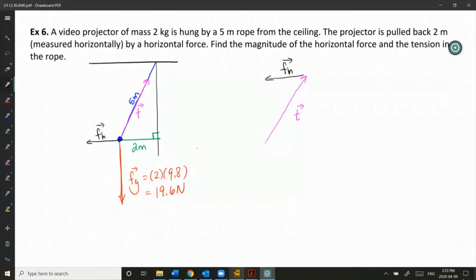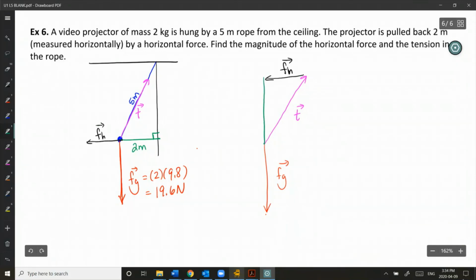And we have this force of gravity, which we said was down here. And we have its equilibrant vector, which is counteracting the force of gravity. So the two things that are creating our equilibrant vector are the tension and the horizontal force, which cause this to be in a state of equilibrium.